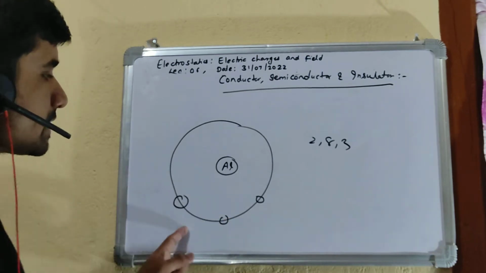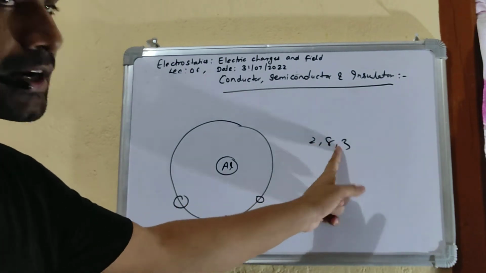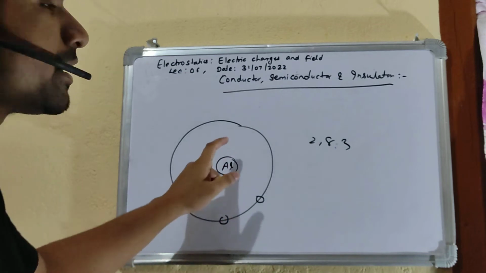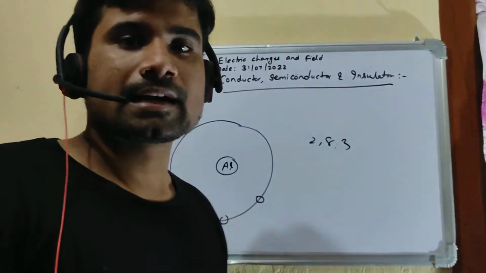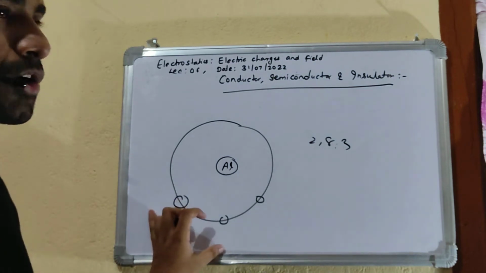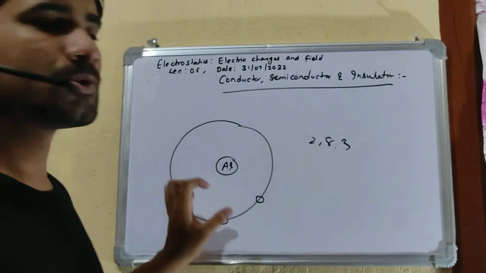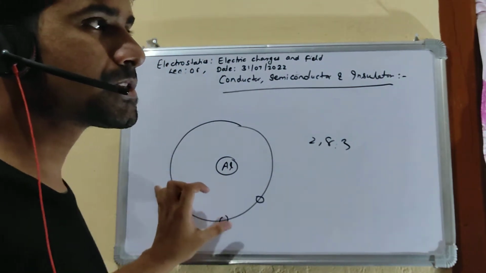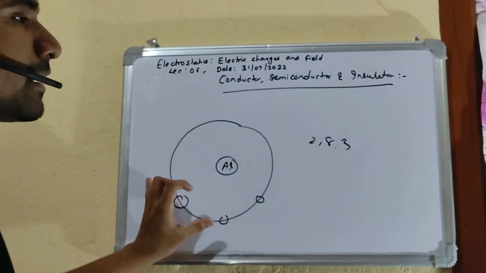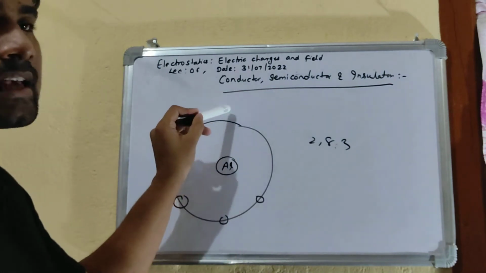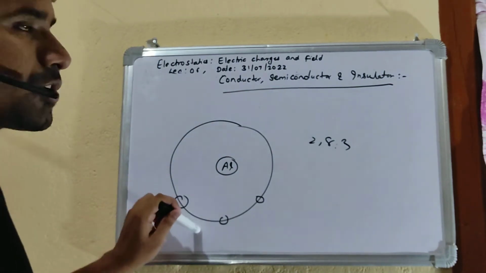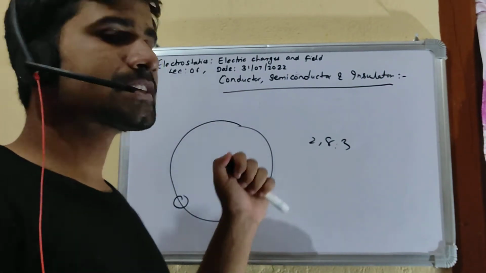These 3 valence electrons, which are in the third shell, are loosely bonded to the nucleus, and if I apply an electric field, these electrons may redistribute themselves and create an electric field here. So a conductor has free electrons, and these free electrons are responsible for its conduction.